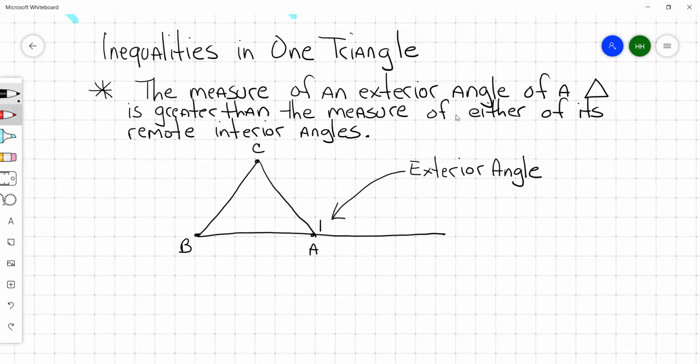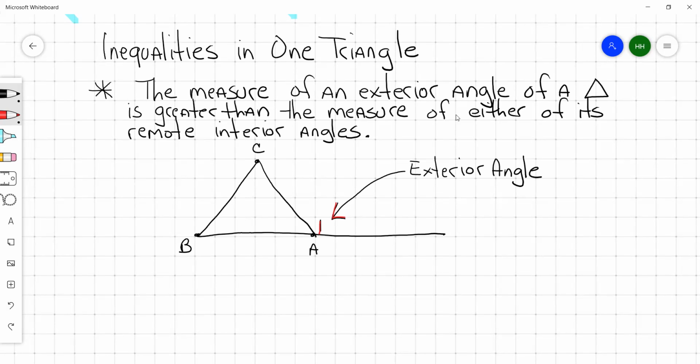Now, you've got this exterior angle 1 right here.